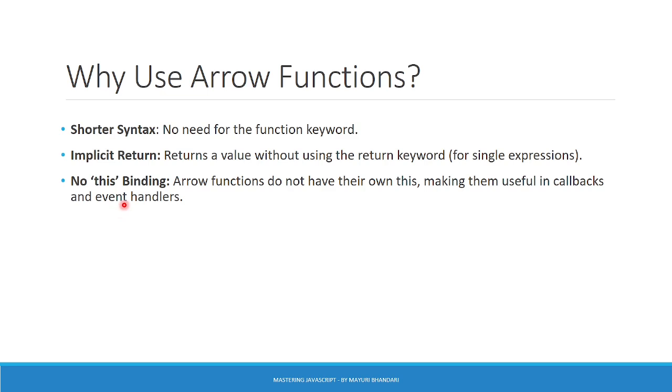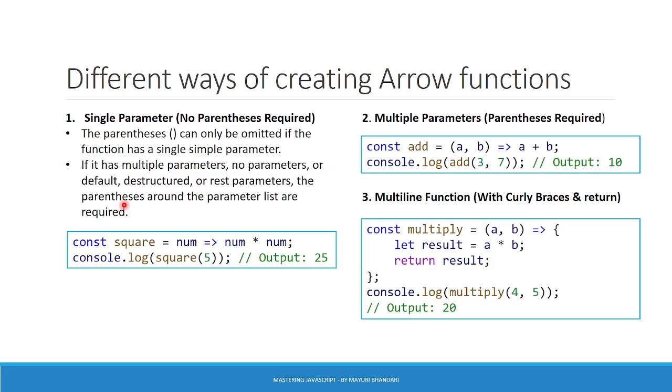Now let us have a look at different ways of creating arrow functions. Arrow functions come in different variations based on the number of parameters and the function body. So here in the first syntax we have a single parameter and a single line function body. So arrow functions can be written like this simply without round parentheses, without curly braces and return keyword.